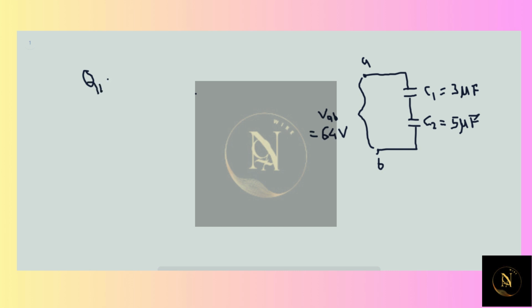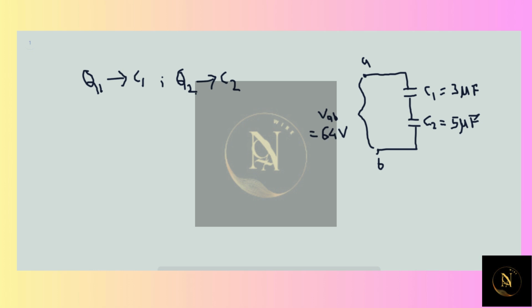This is corresponding to capacitor C1, and the charge on capacitor C2 is Q2. So Q2 is the charge corresponding to capacitor C2. Now, we know that in series combination, the charge on each of the capacitor is going to be same. It is going to be equal to the total charge of the combination of capacitors.